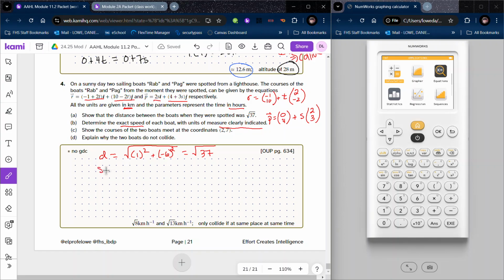So our speed for the Rab is going to be given by my change in position, which will be 4 plus 4, which is the square root of 8, and that's going to be kilometers per hour. And the speed of the Padge is going to be the square root of 4 plus 9, which is root 13, and that's also going to be kilometers per hour.